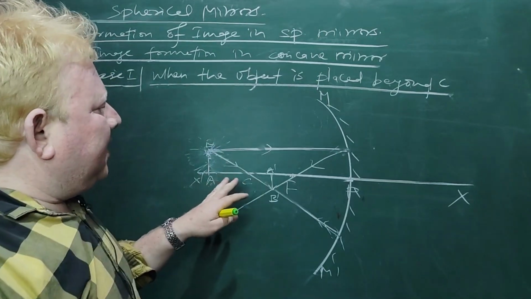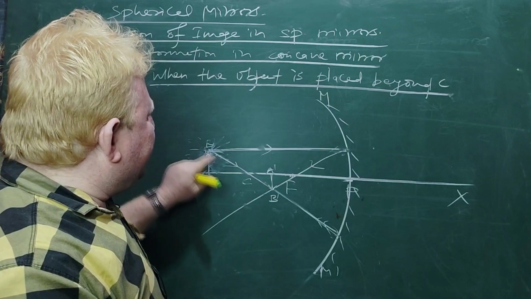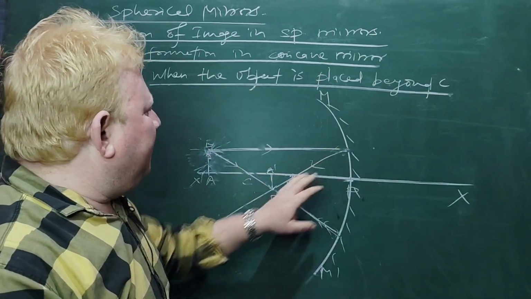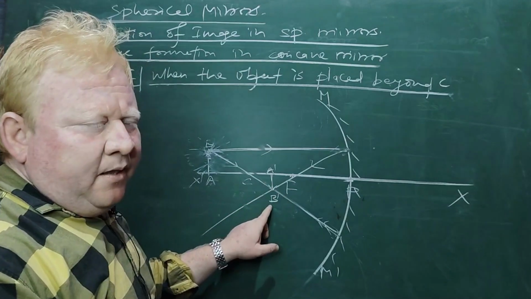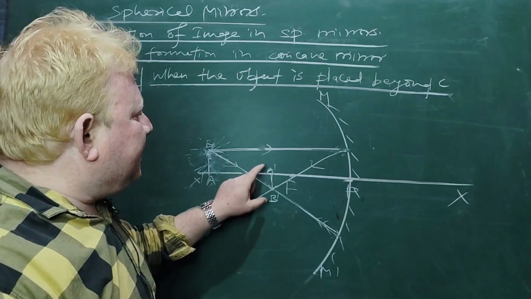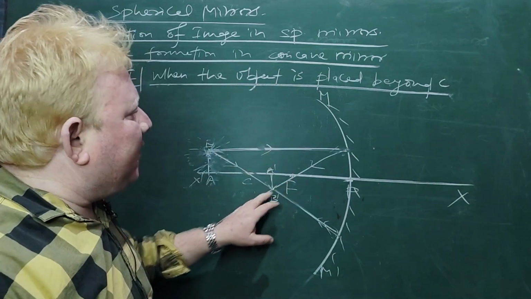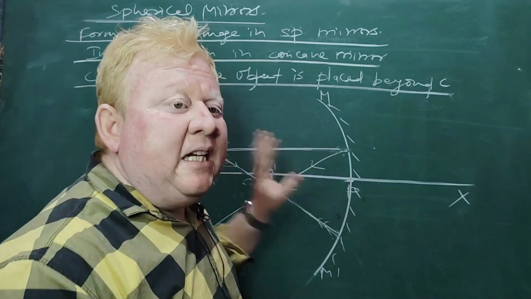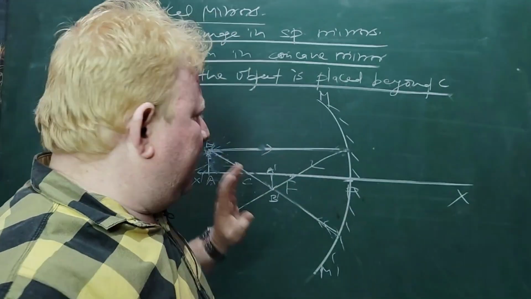So now let me consider the object is placed beyond center of curvature. Light rays after reflection meet in between C and F somewhere, where an image will be formed, and this image you are seeing is being formed by actual meeting of these two reflected rays. So this image is a real image.